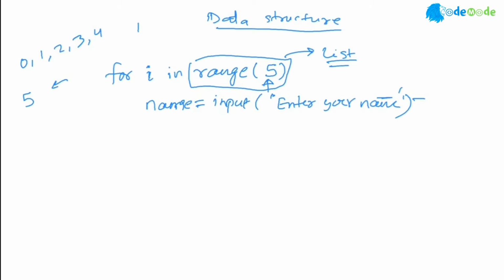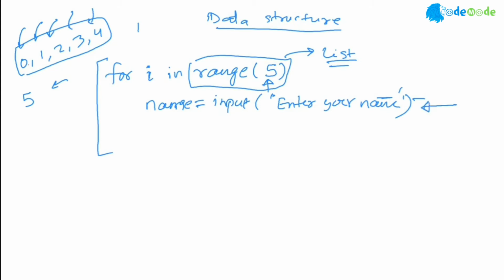Range 5 returns a list like this, and we are saying for i in it, the first time i is 0, second time i is 1, 2, 3, and 4. There are 5 entries in this list, so this loop is going to perform 5 times. That means you'll see this statement running 5 times.